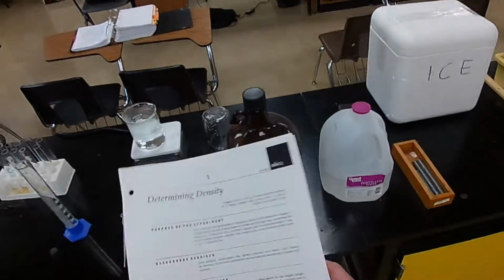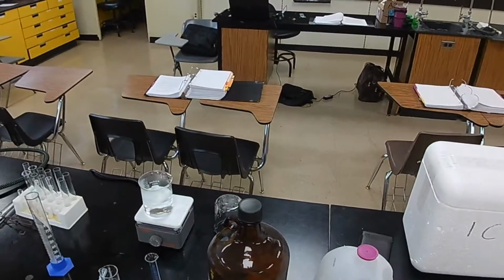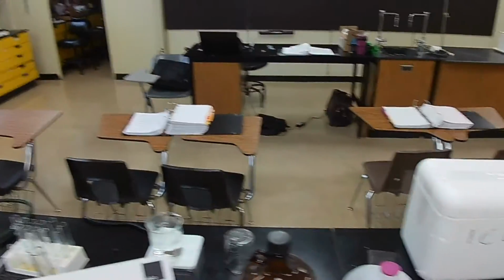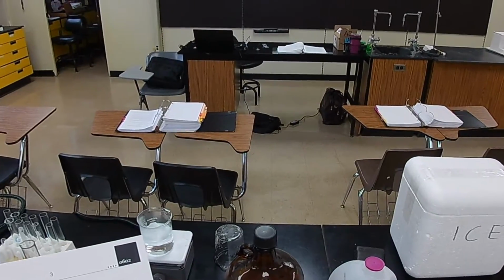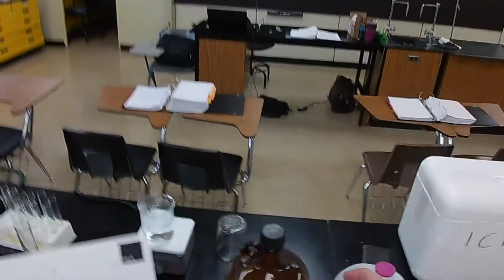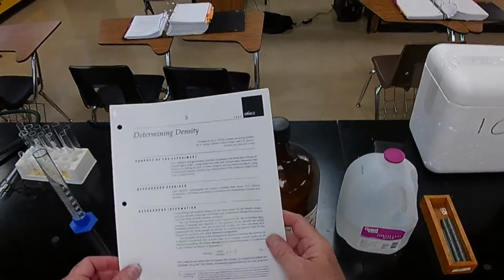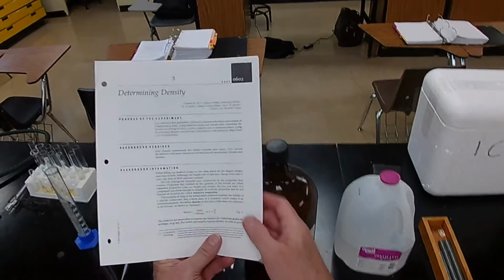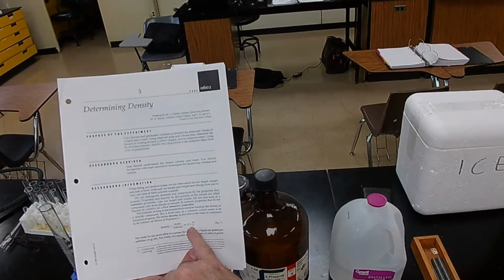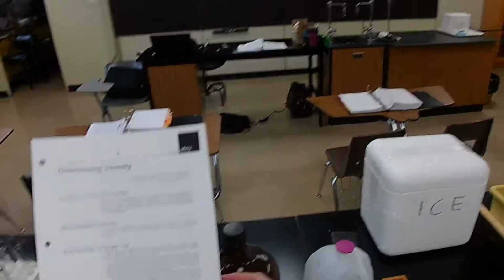Okay, so density. Density is equal to the mass of a substance divided by the volume of that mass. So you just divide M, say if you can see this, D equals M divided by V. It's a formula.